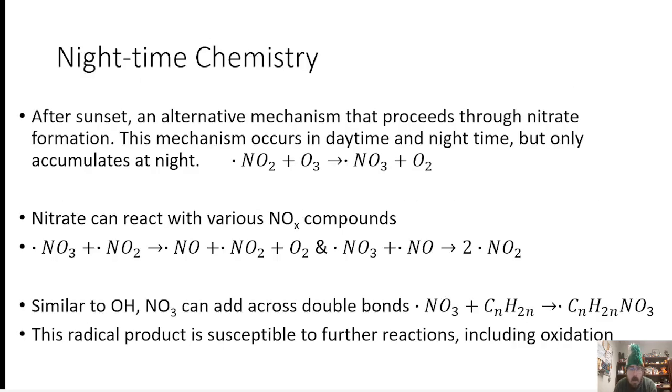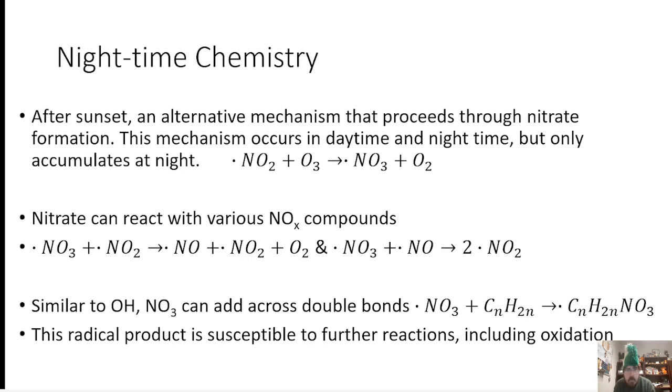Now, however, once sunset happens, we get a different mechanism. So we can no longer have a high concentration of OH radicals, so ozone has a chance to build up, because ozone would be zapped normally in the daylight. While this mechanism can technically occur during the daytime, it's chiefly favored at nighttime, because otherwise, as I said, the competing ozone is being zapped by light.